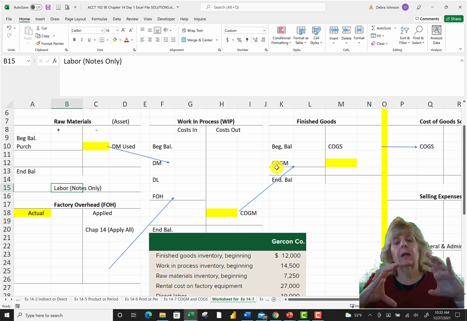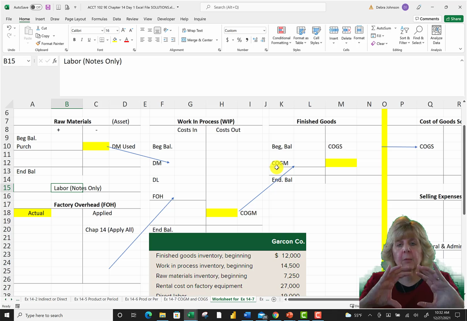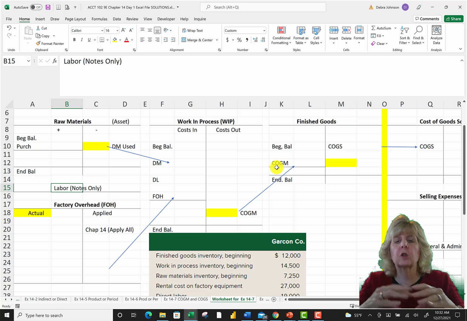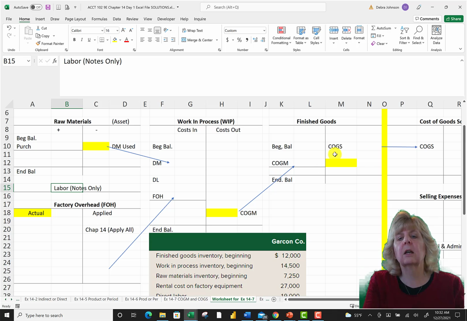Finished goods, think of that account as a big warehouse. It's all the stuff that we've worked on and completed, and now it's hanging out in the warehouse until eventually it gets sold. Once the goods are sold, the cost is going to be transferred out of its final balance sheet account called finished goods and into cost of goods sold, where the cost will die. So again, our focus is on the balance sheet accounts that are accumulating the costs of this manufacturing environment.